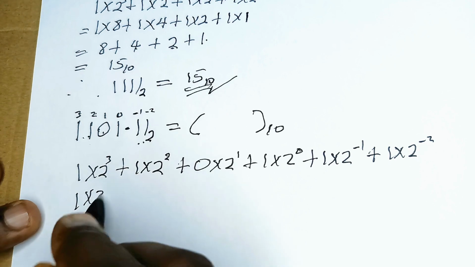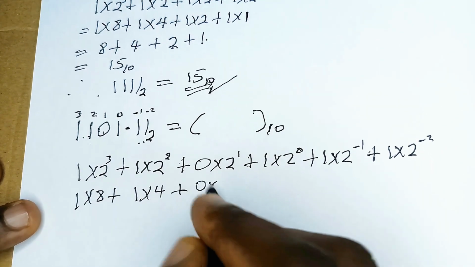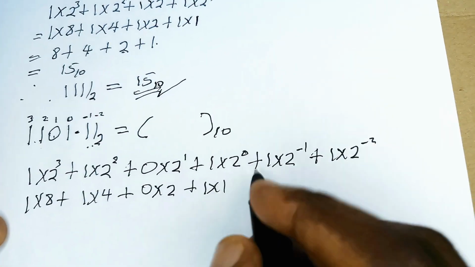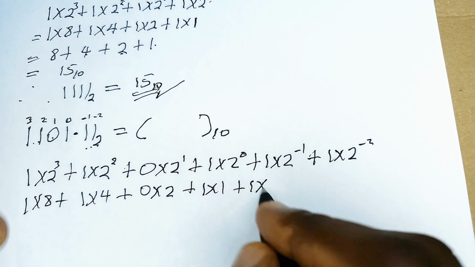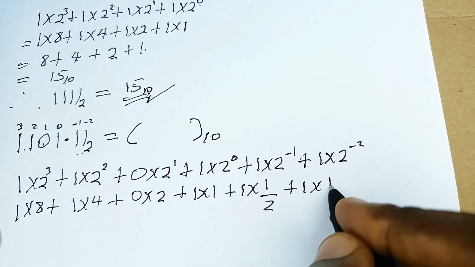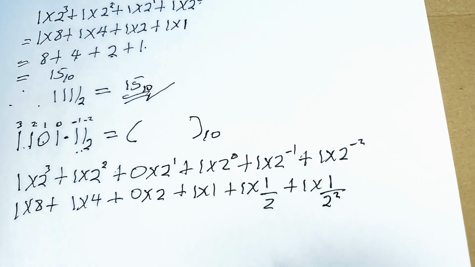This will be 1 times 8 plus 1 times 4 plus 0 times 2 plus 1 times 1, let's say this power 0 is 1, plus 1 times 1 over 2 plus 1 times 1 over 2 raised to the power of 2.